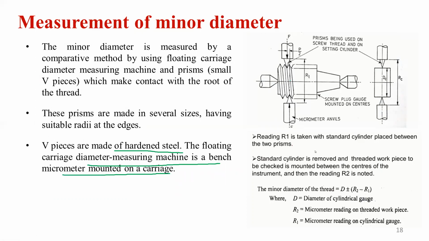This is the workpiece for which the minor diameter is to be measured. It is placed between the centers, and then we have the prisms. These are used on the screw thread and on the setting cylinder. So this is the screw thread, and this is the prism.